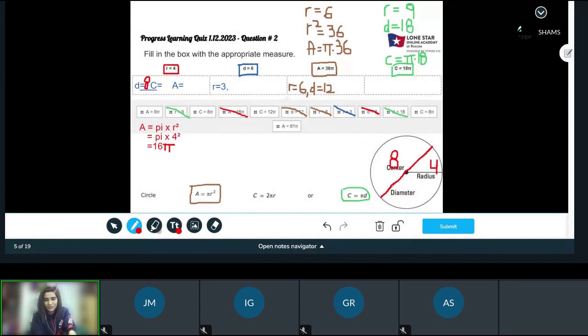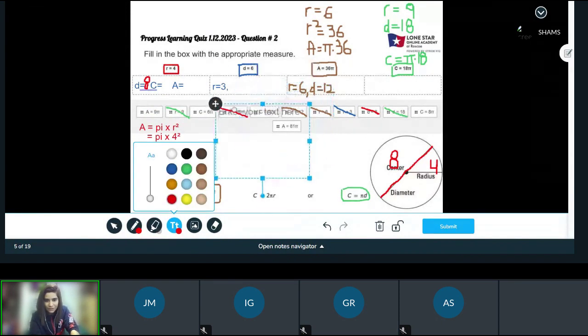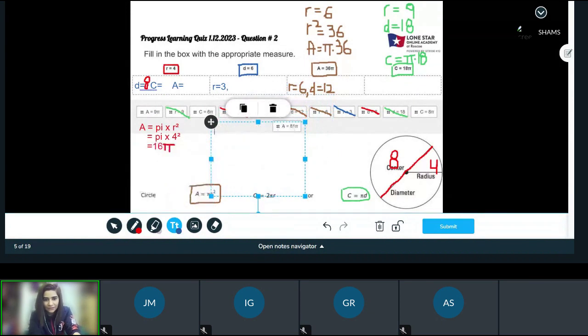I'm going to do a similar thing to find area of the second one. I'm going to type it out. Radius is 3 in this case. So I'm going to write down A equals pi times radius squared. Radius is 6. So I'm going to square 6, and put a small 2 on top of 6.